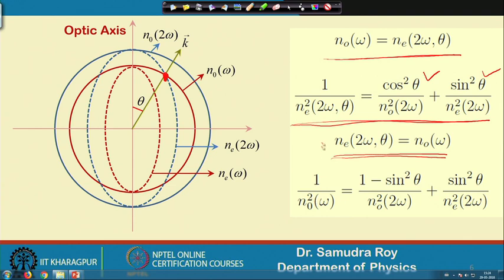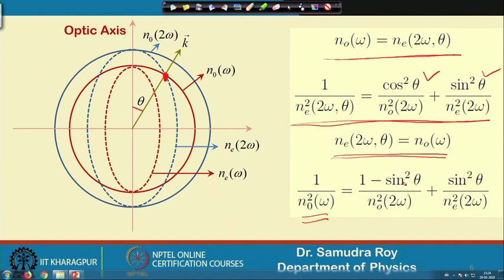so what happened, that n_o in the left hand side I put n_e of 2 omega, just remove this omega and I put just n_o of omega squared, and in the right hand side I just replace this cos with sin, so that everything becomes in sin.